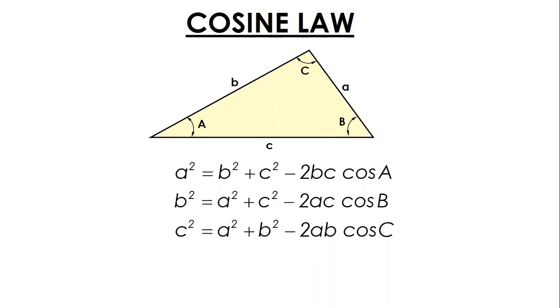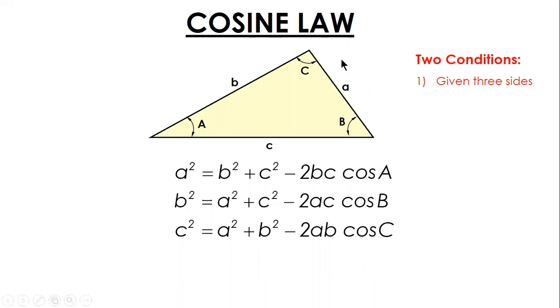But 3 angles alone is not possible. Okay? So cosine law is applicable for just 2 conditions. The first condition is given 3 sides.